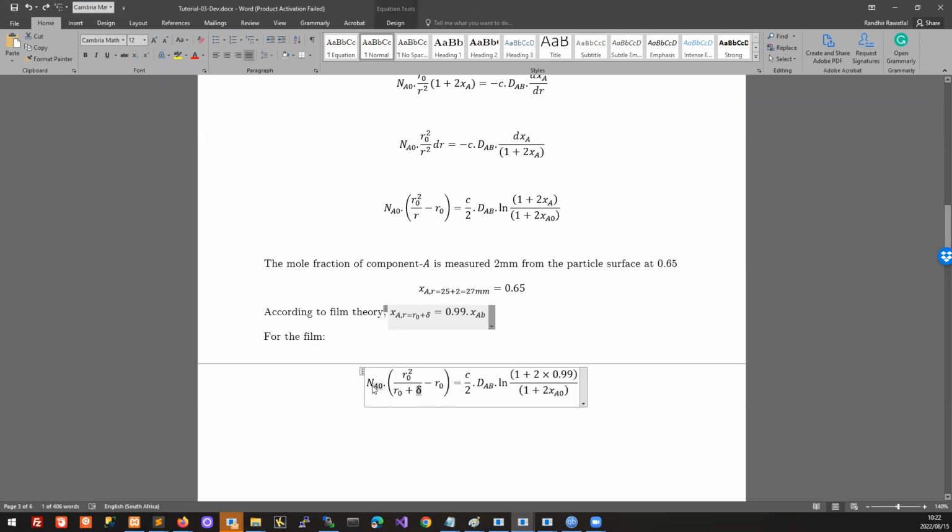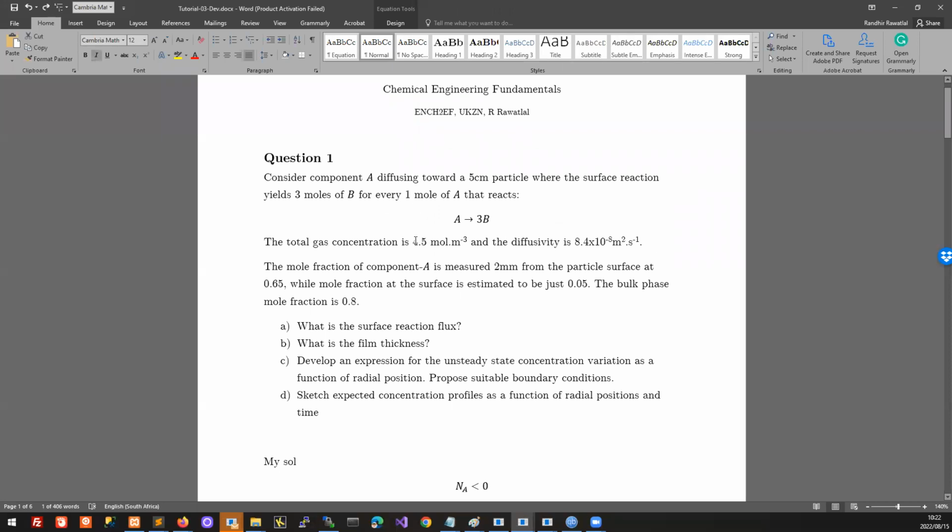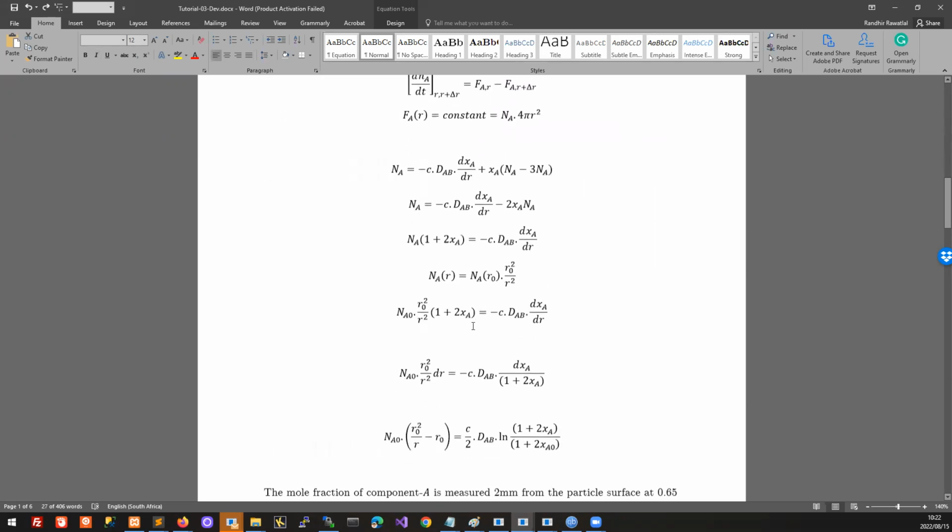We can use the same NA naught. The surface flux is not going to change, because if you think about this problem, we are looking at the same situation. It just so happens we have this extra measurement 2 millimeters from the surface. We can use this fact to estimate NA naught, which we've already done in the first part of the problem.